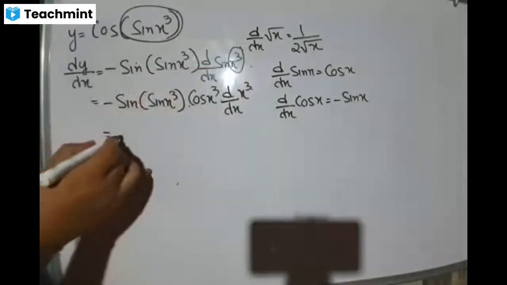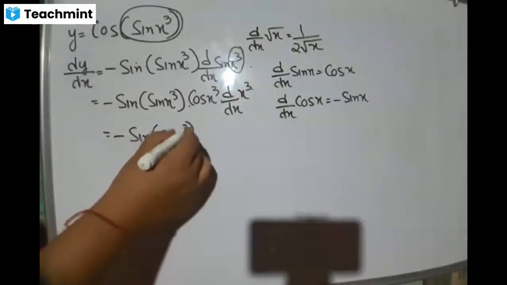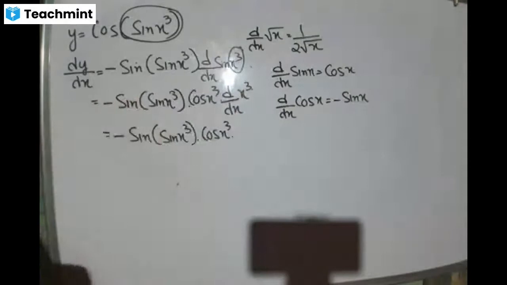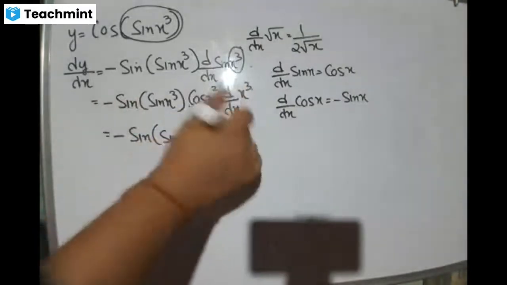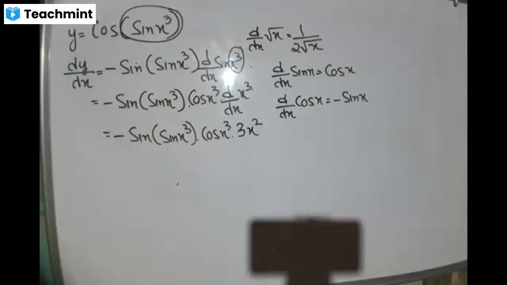So the final answer, minus sin open bracket sin x cube into cos x cube dot derivative of x cube. What's going to happen to this 3? 3 comes in front, so you get 3x square. So this is how you differentiate a composite function, everyone. So this is the first part, and this is differentiation of a composite function.